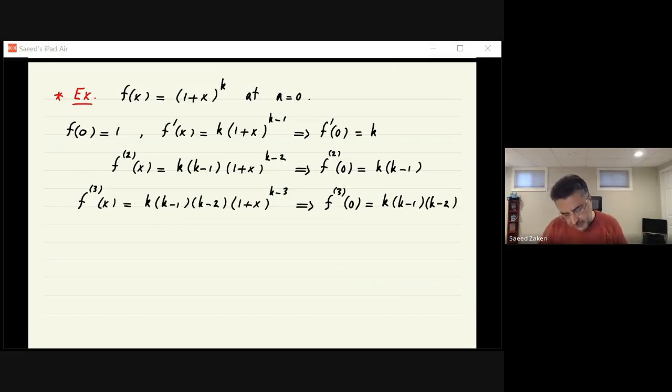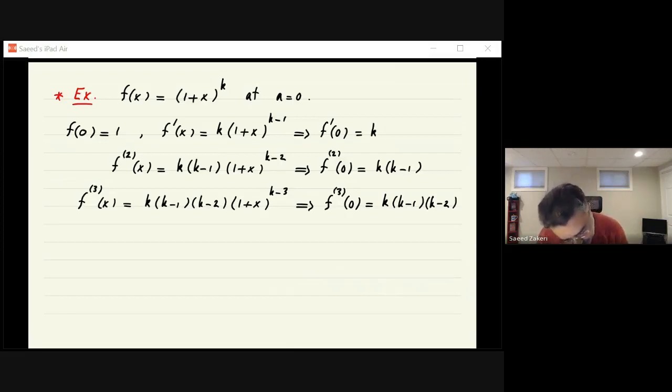So look at the pattern. The first one is 1, then k, k times (k minus 1), k times (k minus 1) times (k minus 2). The next one will be k times (k minus 1) times (k minus 2) times (k minus 3). It's obvious what the pattern is.